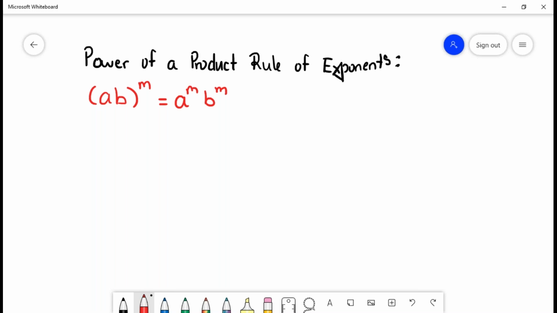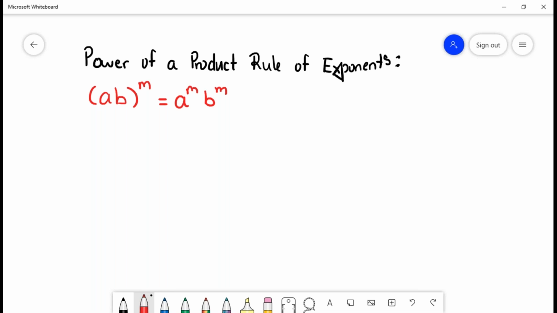When certain values are all multiplied with each other inside a set of brackets, and that is all raised to one central power, every single value inside those brackets is going to be raised to that power. As you can see, we have a times b all raised to m. So a is raised to the power of m, but so is b. And that would apply for however many values there are inside the brackets.